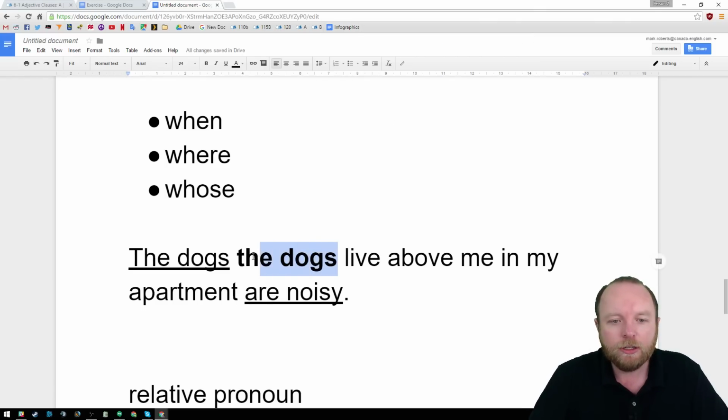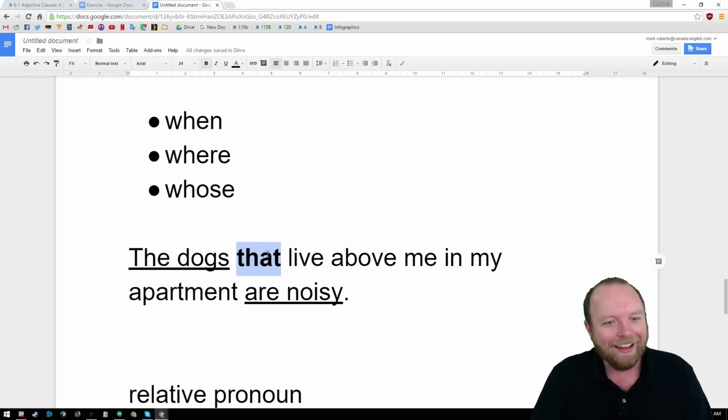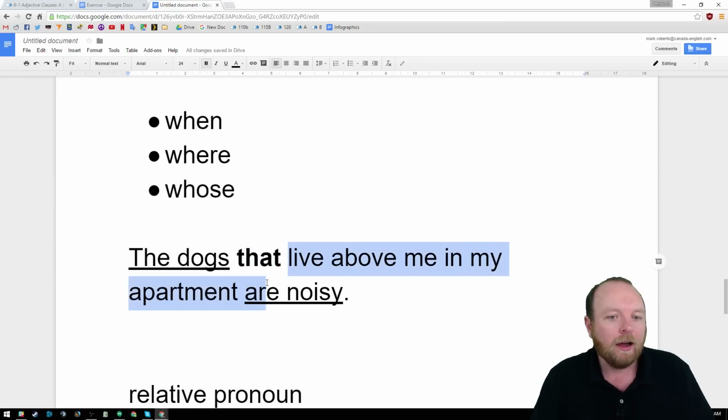Here, we're going to use that or which, and it means the dogs. Now listen, ready? This pronoun is the subject of this clause. Do you understand that?